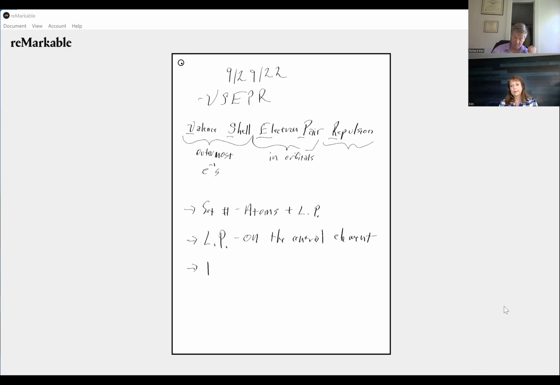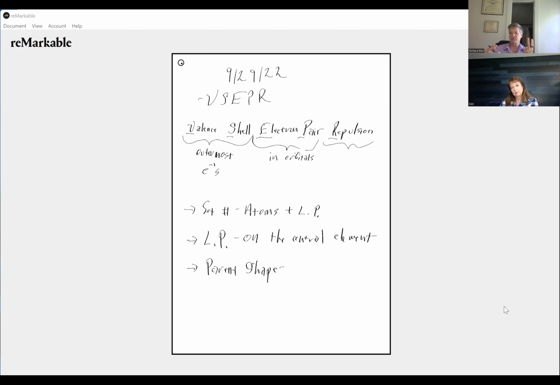We're going to talk about parent shape. Again, your book probably has a different name for this. I've seen a myriad of names for these things. The parent shape is the way that set number is going to arrange itself.